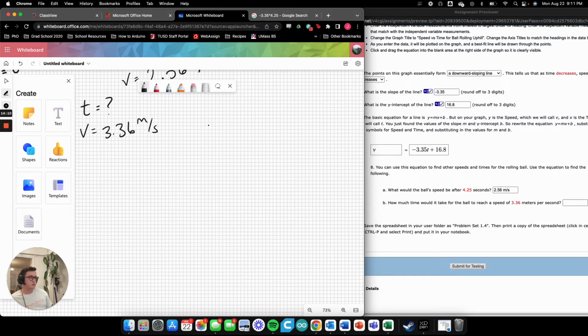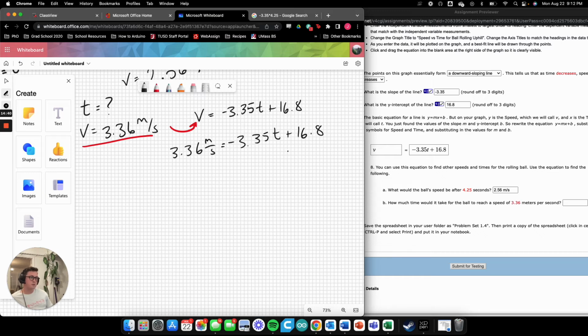Okay, so we're going to use that same equation again. V equals negative 3.35 t plus 16.8. Okay, we're going to take this and plug it in there. So we'll rewrite our equation now. 3.36 meters per second is equal to negative 3.35 t plus 16.8.